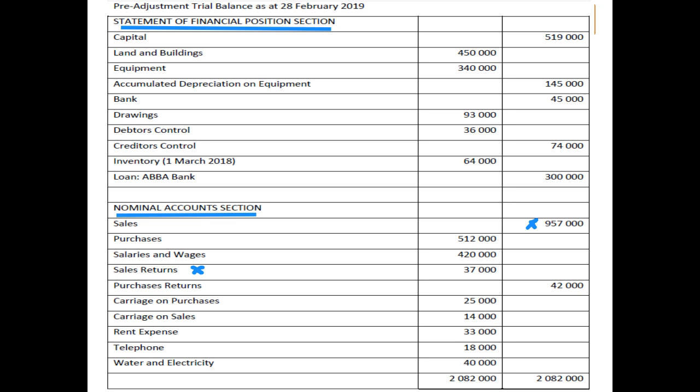Let's put them in order, starting from the top, otherwise you're going to forget others. Carriage on sales. There's another one. I don't want you to skip them. Check whatever you didn't tick. Start from the sales and check going down.